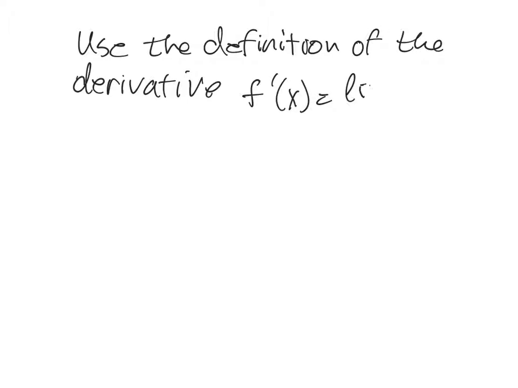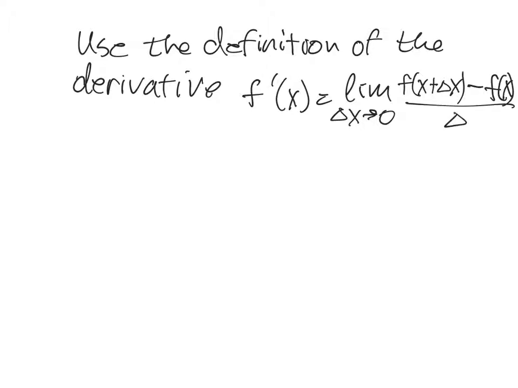That's the limit, does anybody remember, as delta x approaches 0, or some of you used h approaching 0, whichever, doesn't matter to me, of what? f of x minus delta x. Plus delta x, you're close. f of the quantity x plus delta x, then what? Minus, there's your minus, f of x, and then all over delta x.